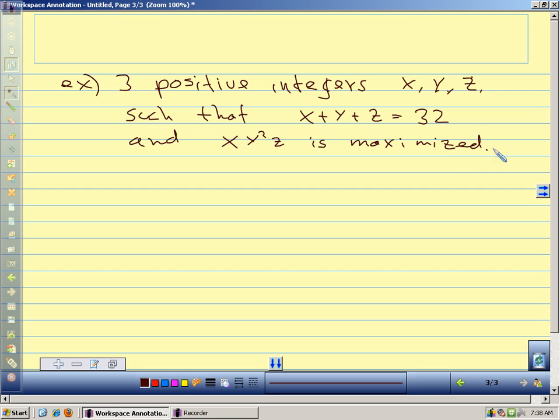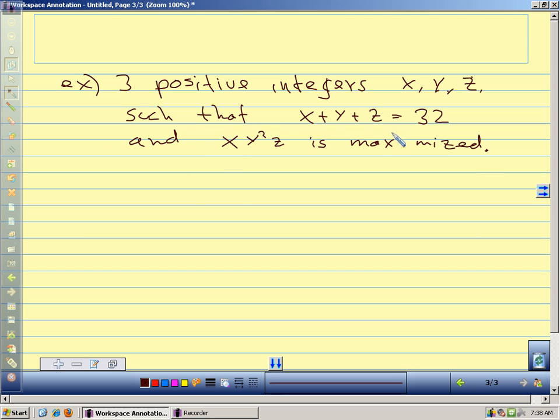So we're going to go through this one with the methods that we've learned so far. On Monday we'll talk about a different method of solving this. So we're looking at a function that we're trying to maximize, and we have a constraint. So we're going to work with it one way today and a different way on Monday.